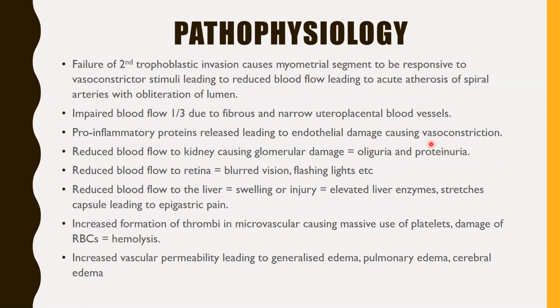Okay, I think this is most of what I've explained, but just to further clarify. I was saying that when there's failure of the second trophoblastic invasion, the myometrial segment is responsive to the vasoconstrictor stimuli, which will lead to the reduction in blood flow and lead to acute atherosis of the spiral arteries, and also obliteration of the lumen once thrombi start accumulating in the vessels.